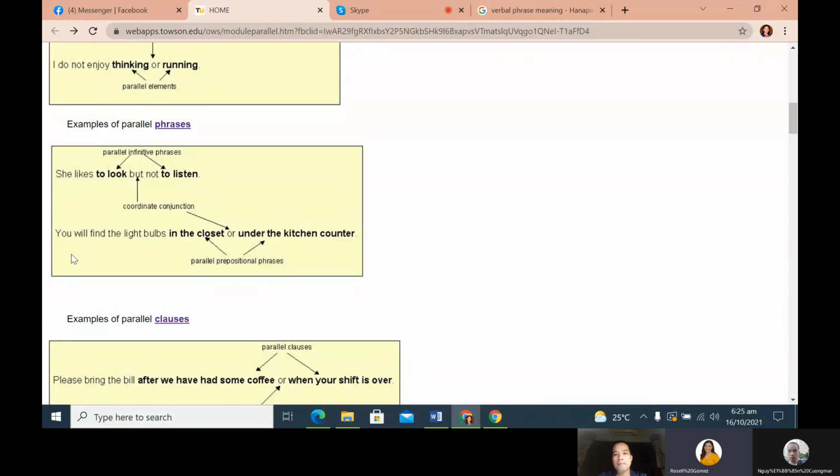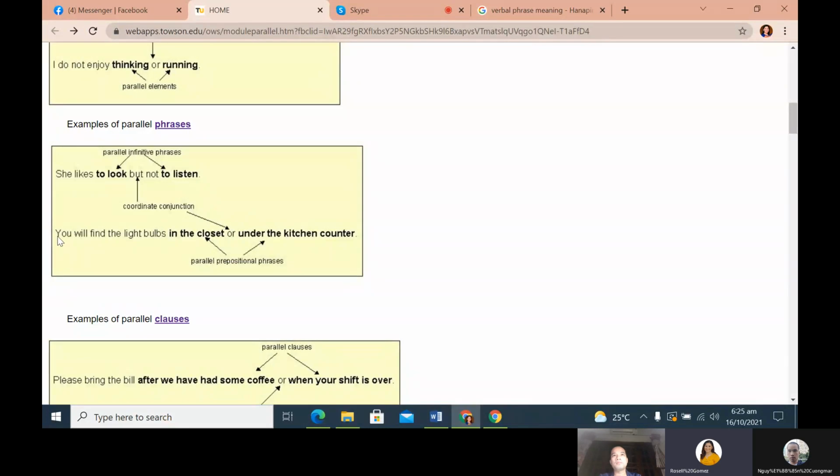Do you see that this sentence is now giving someone a direction? If I am telling you that you can find the light bulbs, you are looking for light bulbs and you don't know where they are placed. But when I say you can find the light bulbs in the closet or in the kitchen counter, you will get it because there is a direction.